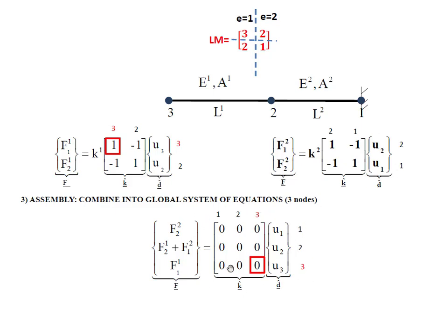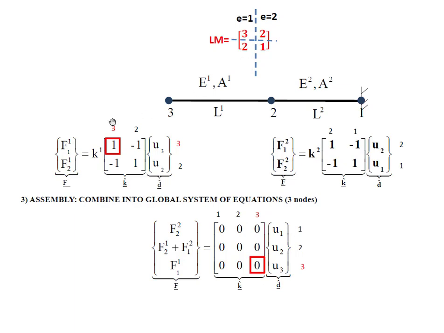I used that in order to know where to put my local information into my global information. However, computers cannot recognize that notation, and that's why we have converted that information into this LM array, in which now we identify it by the number of degrees of freedom.